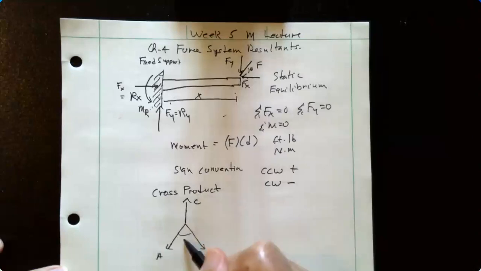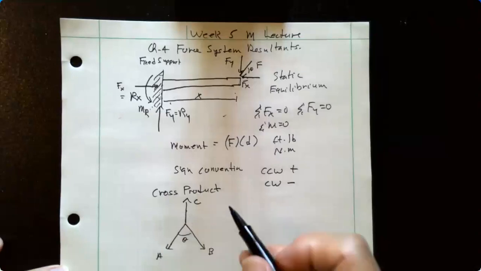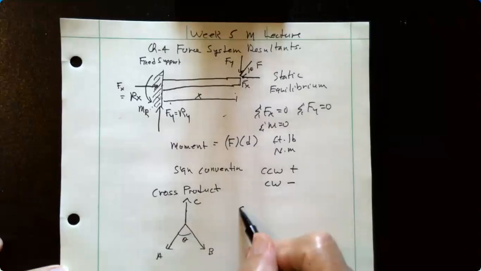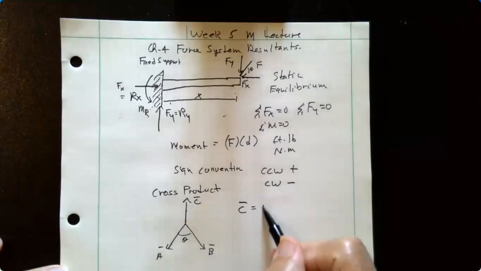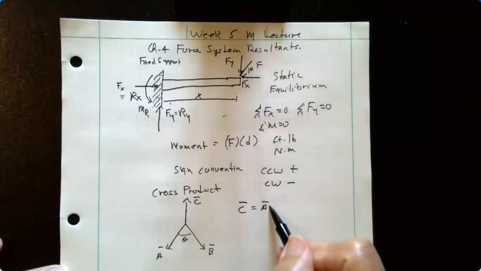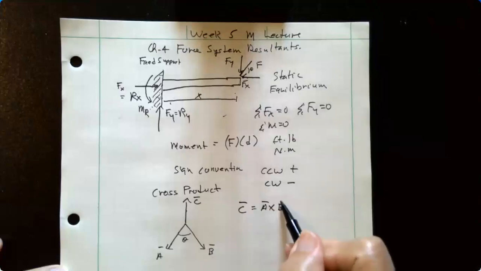We'll call this angle theta. So C, these are all vector quantities, is equal to A cross B. We'll call it cross product.